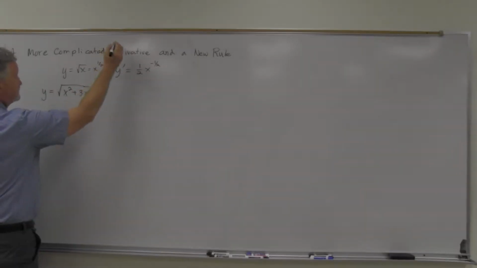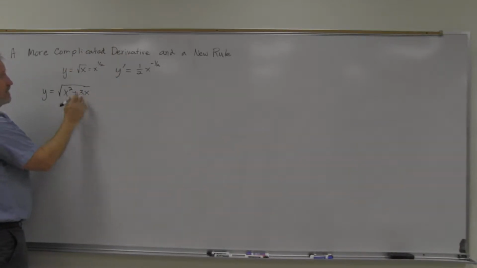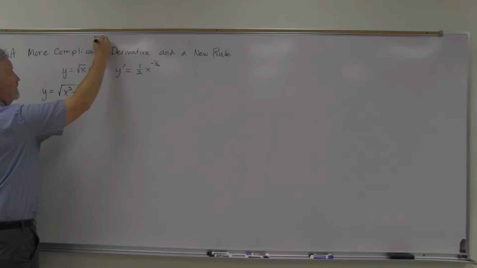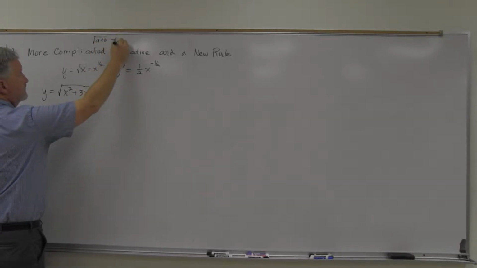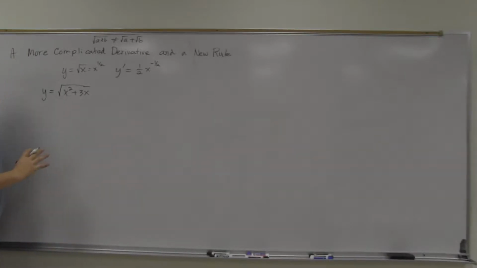The first thing to note is that I can't split that up. The square root of a plus b, unfortunately, does not equal the square root of a plus the square root of b. If that's what you're thinking, you can't split that up. So it's going to have to be that form right there.